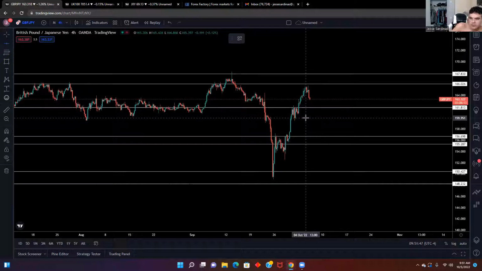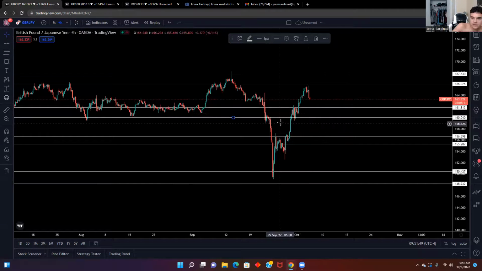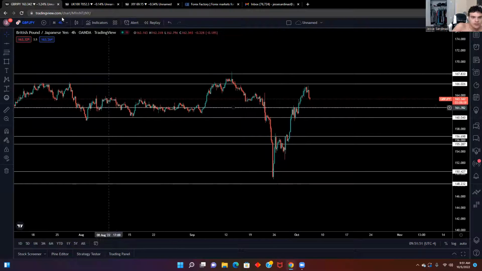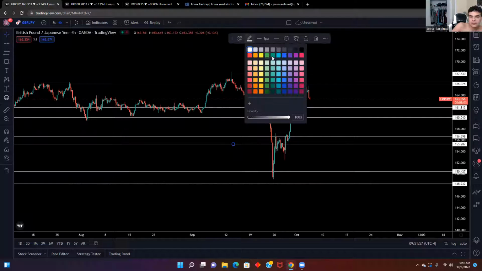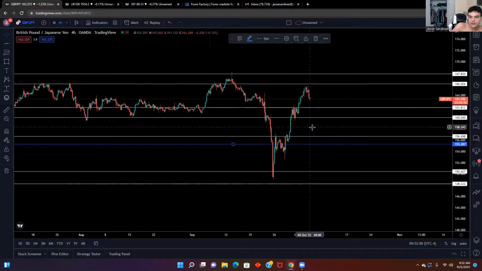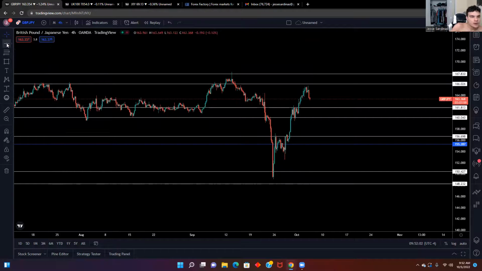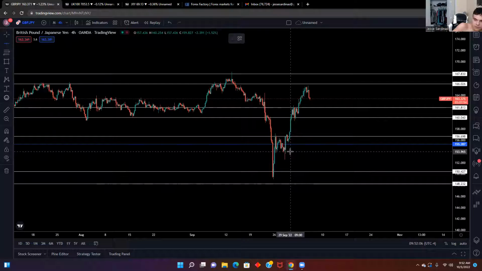After you start going down the higher time frames, I like to start changing my color, so I know that when we do get to those monthly time frame levels, I know the significance of it.